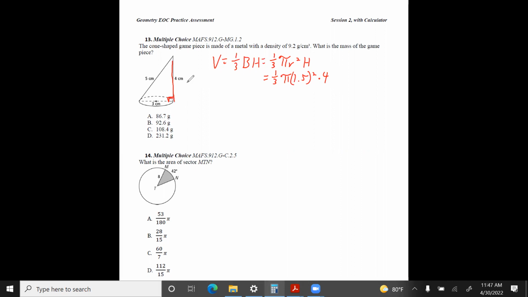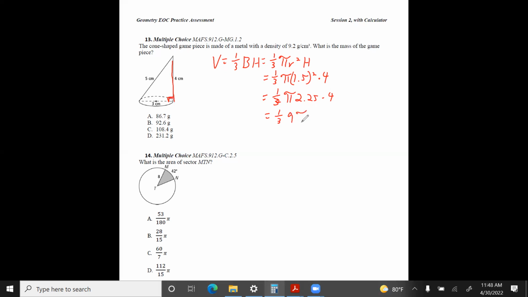So now we have our equation. We need to simplify it. This is a calculator portion, so if you want to plug everything into your calculator, you can. Again, your calculator is going to be on the computer. If you multiply this out, 1.5 times 1.5 is 2.25, times 4, that's 9.